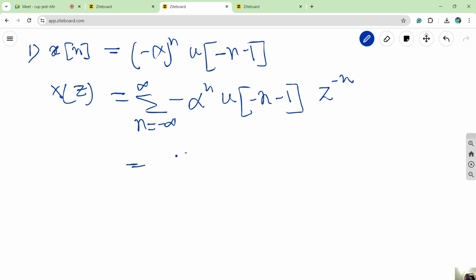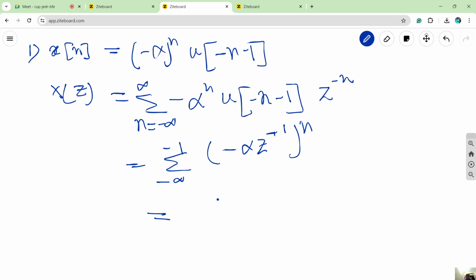This is actually equal to the sum from minus infinity to minus 1 of minus alpha z whole inverse to the power n. So this is a GP series.